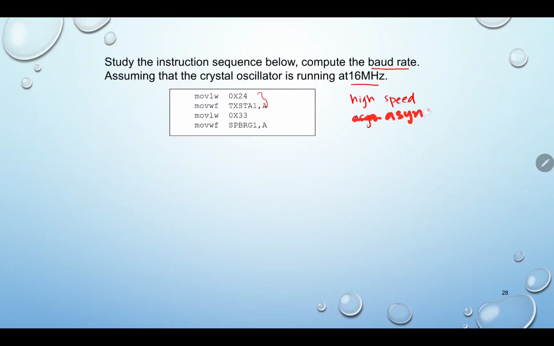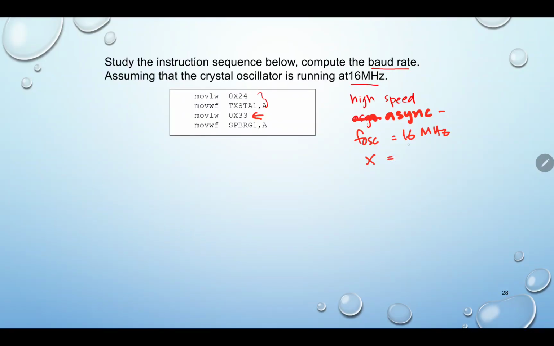This is asynchronous mode. Okay, asynchronous mode, then we have the frequency oscillation at 16 megahertz, and we also have the value to be written to the SPBRG register, right?